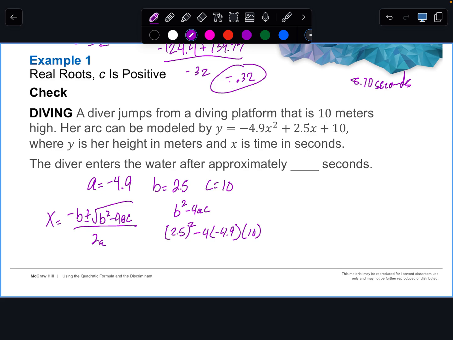We should get 202.25. Yes? Okay. So when I plug that in, x is equal to opposite of b plus or minus the square root of 202.25 all over 2 times negative 4.9.